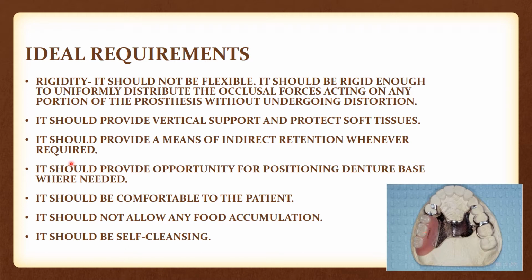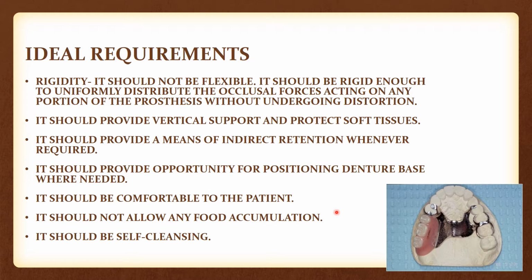The next is it should provide a means of indirect retention whenever required. As we have seen with direct retainers about direct retention, your prosthesis requires retention to stay in its position. Indirect retention is nothing but that which assists the direct retention. It assists the direct retainers in preventing the displacement of the denture. For example, there's a seesaw.